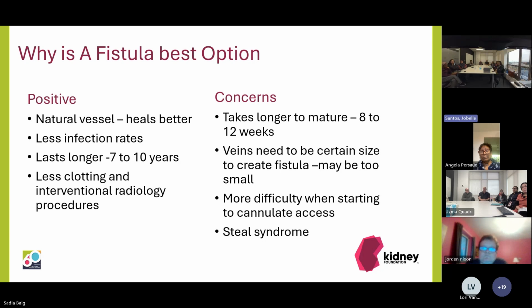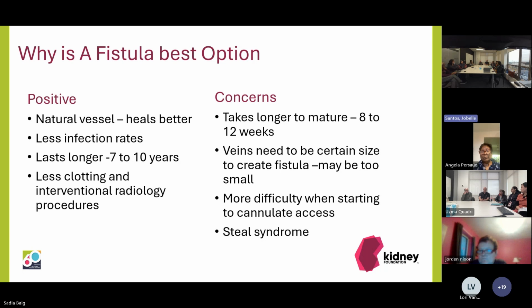With both fistula and grafts, we can have something called Steal syndrome. Because we're changing the flow of the blood to the hand, sometimes we may take a little bit too much blood from the hand. It can cause Steal syndrome. What you'll get is decreased circulation in the hand. You may get pain, you may get numbness related to it.